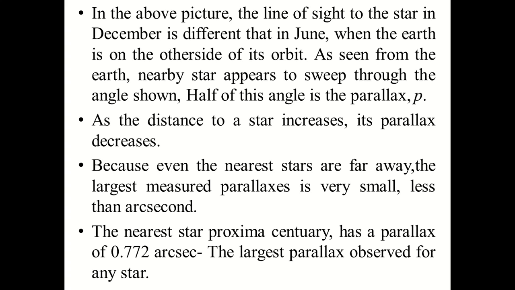In the above picture, we have seen that the line of sight to the star in December is different from that in June, when the Earth is on the other side of the orbit. As seen from the Earth, the nearby star appears to shift through an angle, which is denoted by the parallax angle small p.